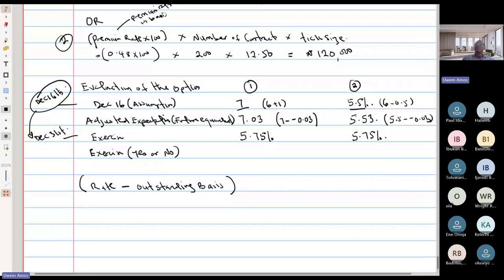However, assuming that the interest rate on December 16 is 5.53, if you are Mr. Bighart, what will you do? Will you exercise that option and borrow at 5.75%, or will you let the option go and go to the market and borrow at 5.53? What will you do, Mr. Bighart, and why? Let me hear someone's voice. What will you do?